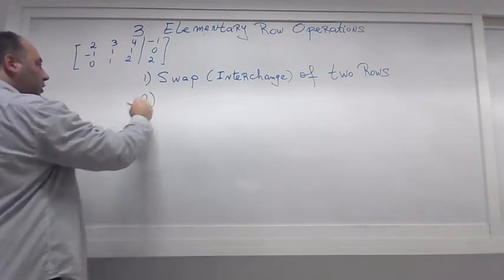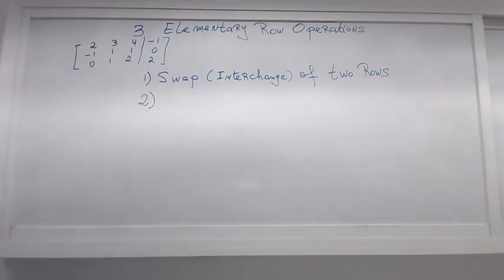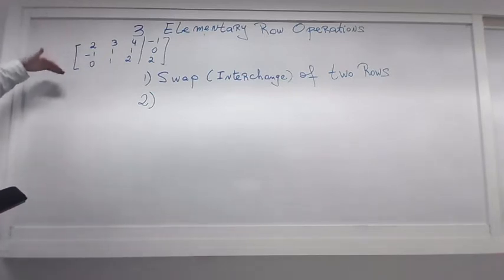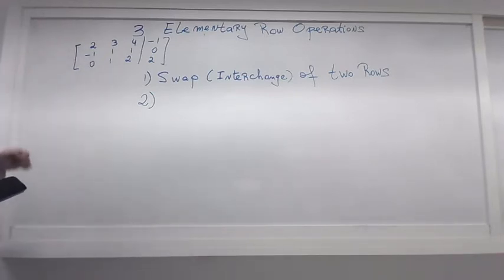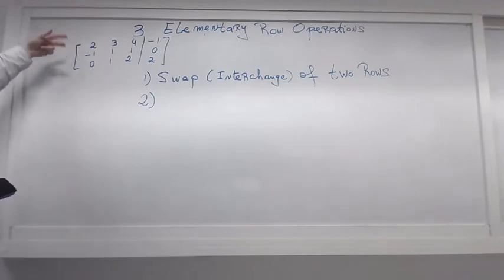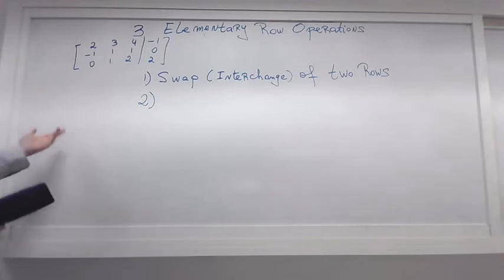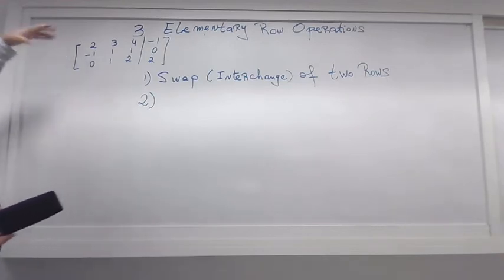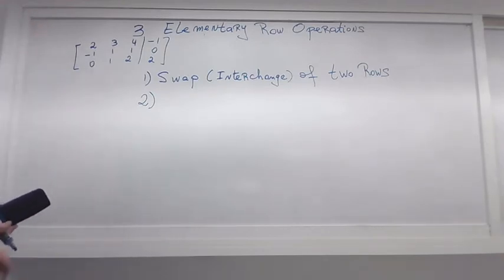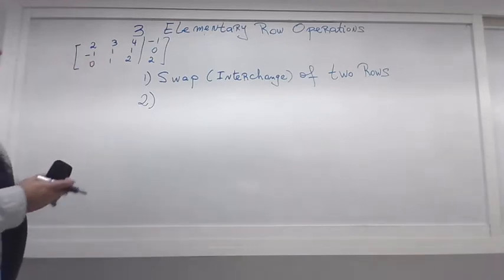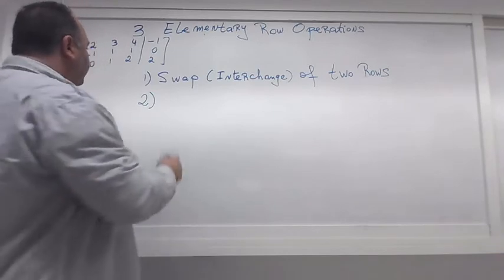So you can swap two rows, and that will not change the solution set. That's great. We remember that equations put constraints on variables. So if I swap the order of equations, the order of constraints, that doesn't change anything because I still have the same three equations, the same three constraints. They're just expressed at a different moment. It doesn't change anything for the solutions.